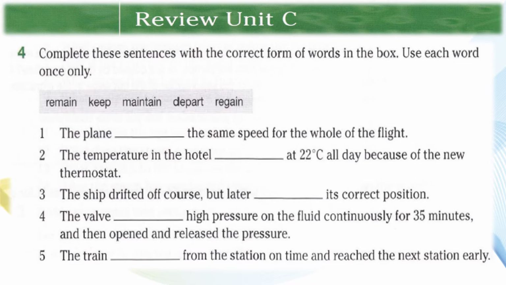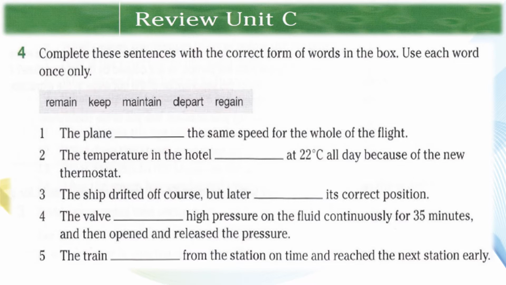The words are remain, keep, maintain, depart, and regain. Dear students, please read the sentences carefully, think well of each one, and try to use each of the given words only once. Now pause the video, then come back to check your answers.